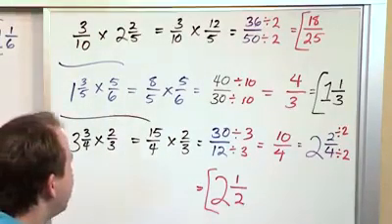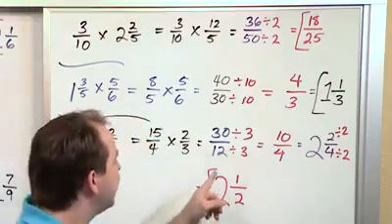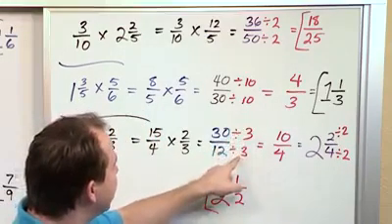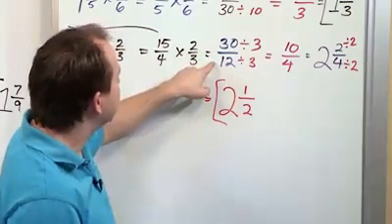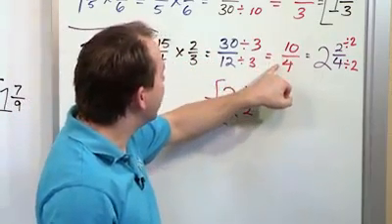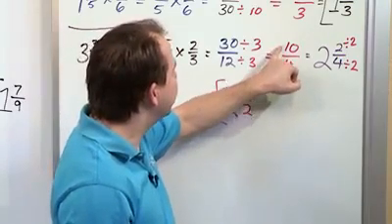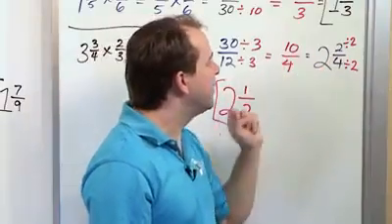Now in this last problem, there were many different paths to simplifying it, okay? Many different ways. I could have simplified this differently here. I could have done the mixed number conversion right here, right? And then over here, if you noticed, I got 10/4. Well, I could have simplified this by dividing top and bottom by 2 before I converted to mixed numbers.